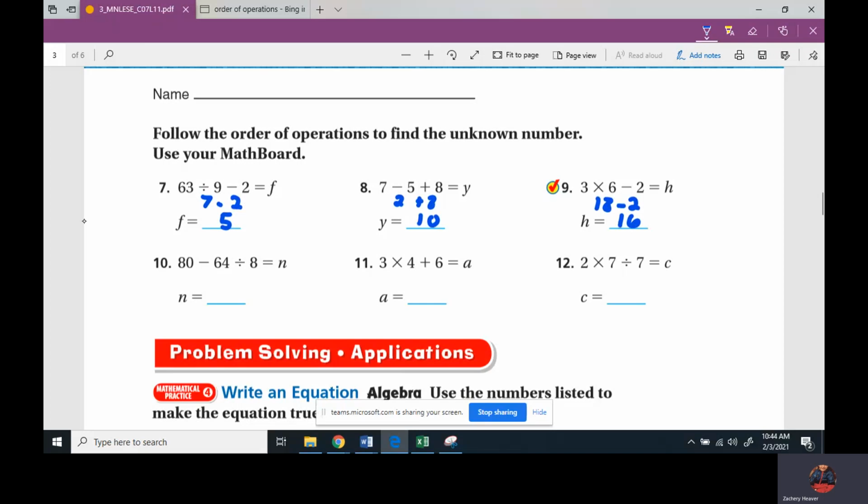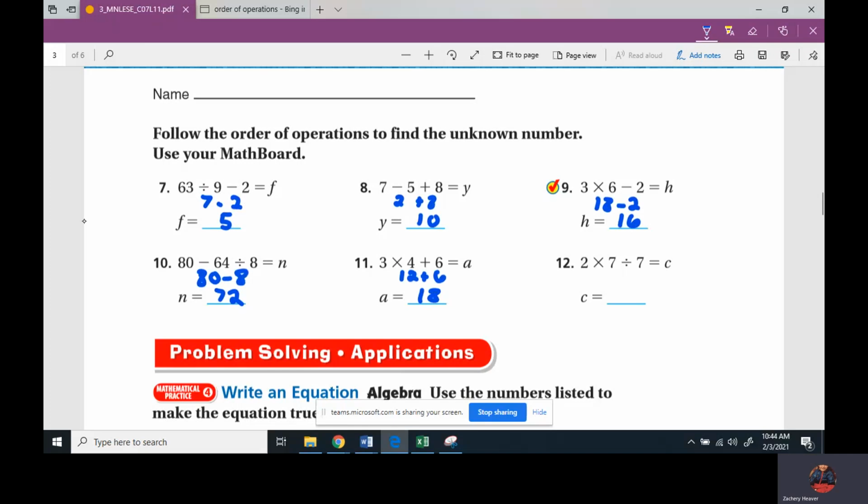And we know 64 divided by 8 is 8. And then 80 minus 8 is going to be 72. 3 times 4 plus 6 equals A. We're going to have to do a multiplication first. We know 3 times 4 is 12. And 12 plus 6 is 18.